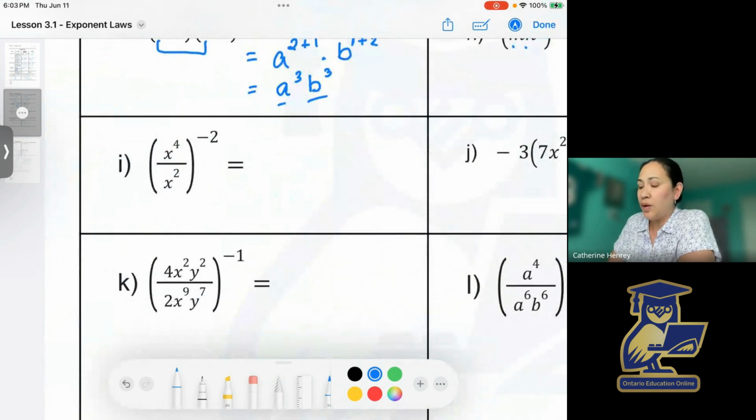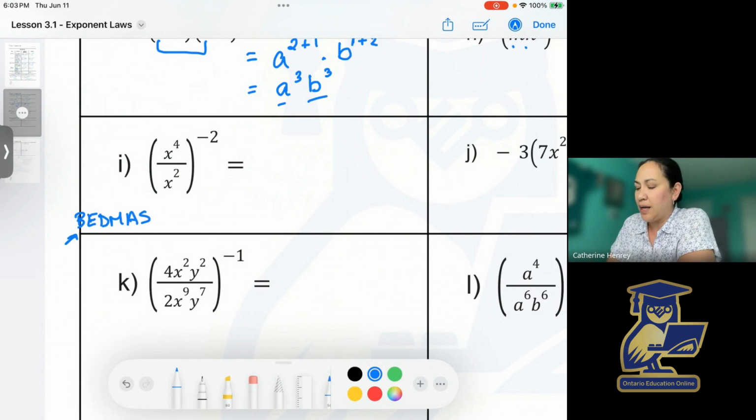The next one, we have the division law, and we also have power of a power. So typically, if we take a look at BEDMAS, let's rewrite that for you, BEDMAS. We should look at doing the brackets first, so we could simplify that first.